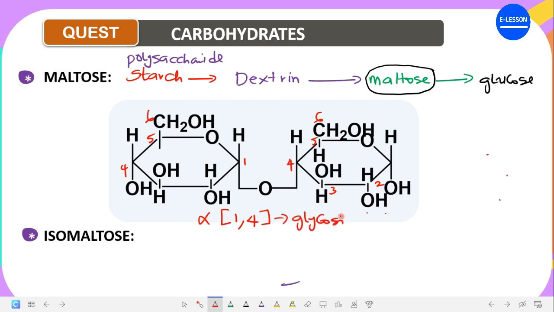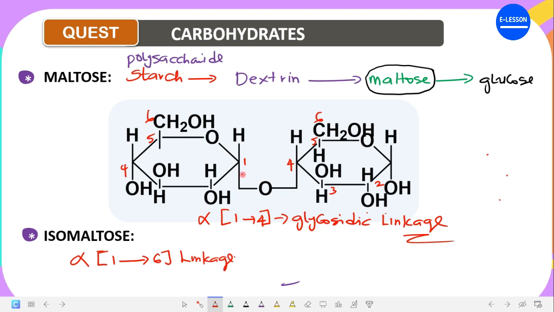But for isomaltose, it is alpha 1,6 glycosidic linkage, and I love representing it like this.